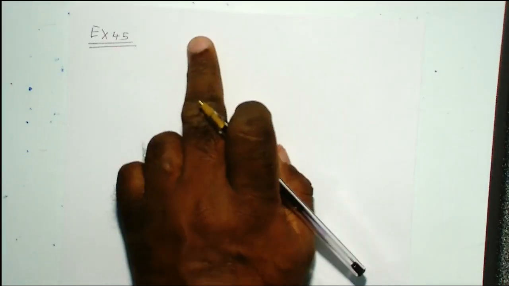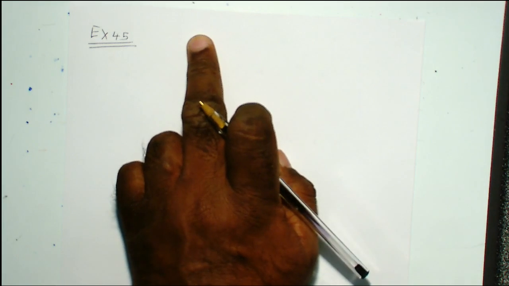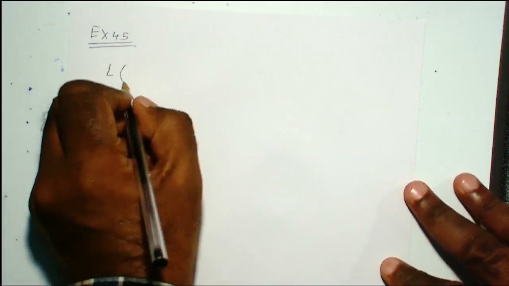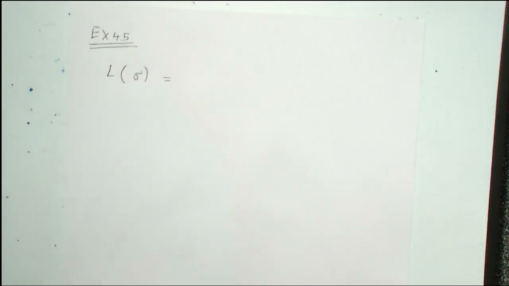Here you have 2 independent random samples. The first sample is from a normal with these parameters. The second sample is also from a normal with these parameters. And we are assuming that both mu x and mu y are known. The question is to find the MLE for sigma. So the only parameter that is unknown is sigma, right? So the likelihood is a function of sigma only, yeah?